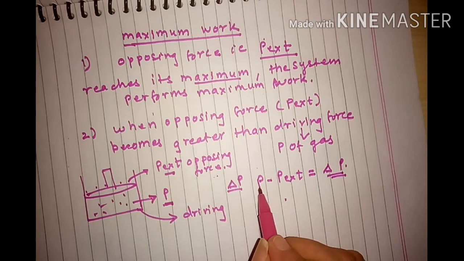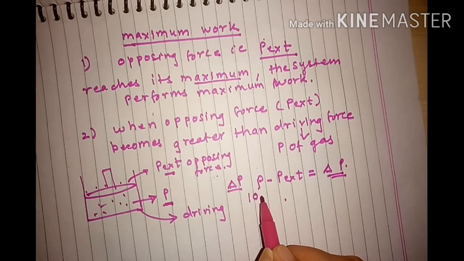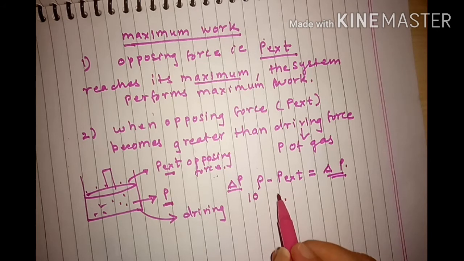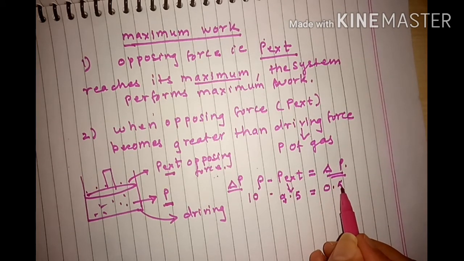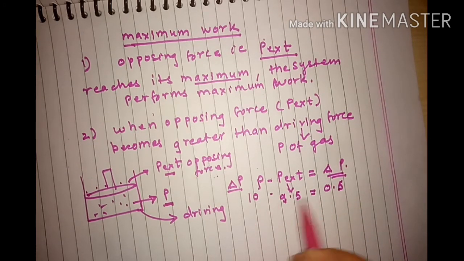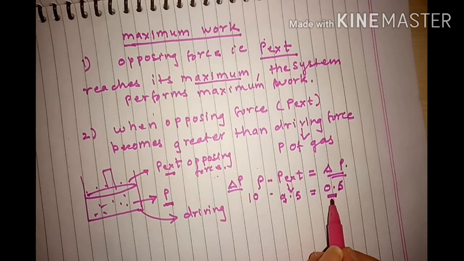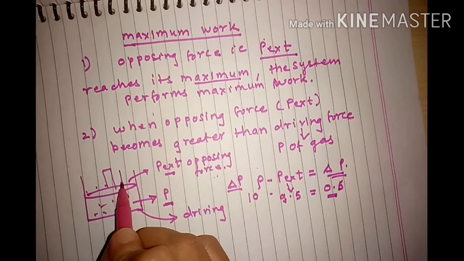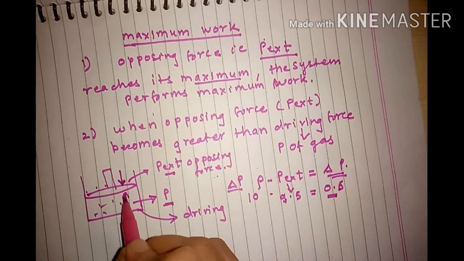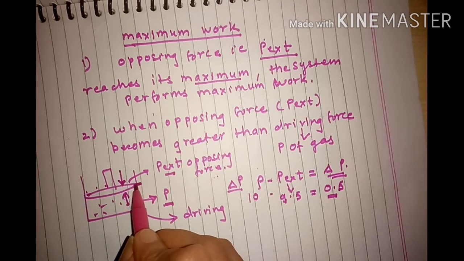Means if the pressure of the gas is, suppose, 10, and P external is 9.5, it has a very small difference, that is 0.5. If this difference is very small, then only there will be maximum work. Remember, the pressure of the gas is exerted in this direction and the external pressure is applied in this direction. When these two forces have the same magnitude, the piston will remain at rest.